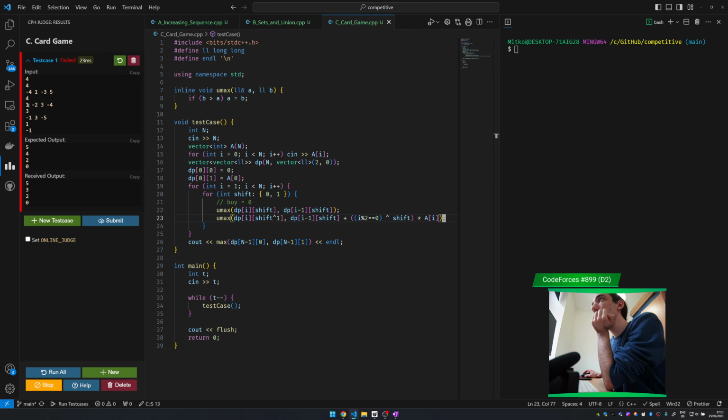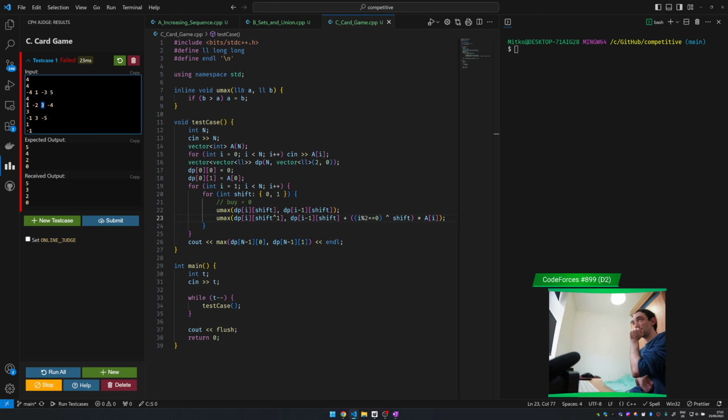This is 4. This is shift by this and then by this. I see. It could be the other way around.